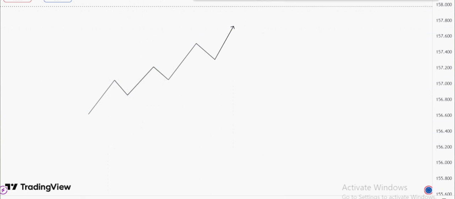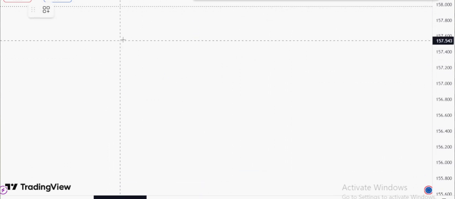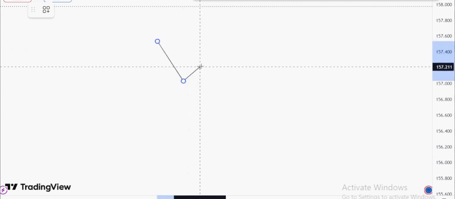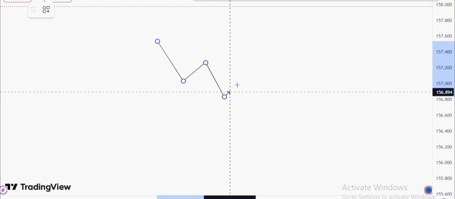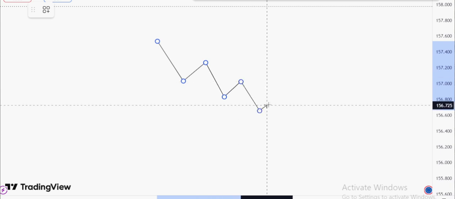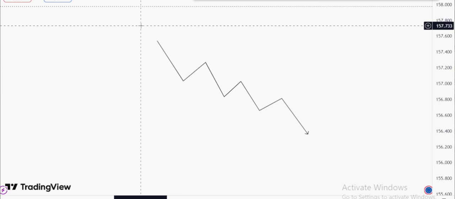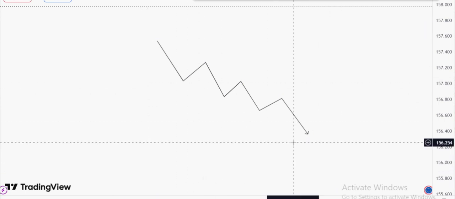And then when you see markets moving like this, push, exhaustion, push, exhaustion, push, moving downwards, this is a downtrend.